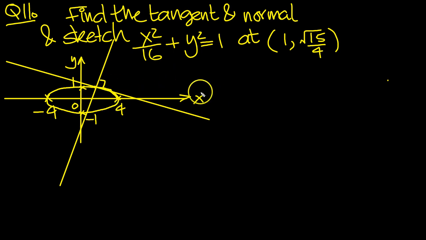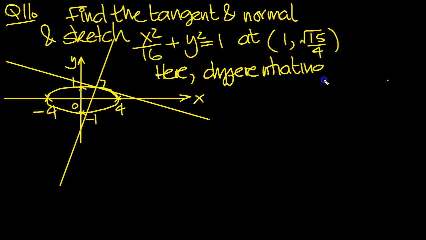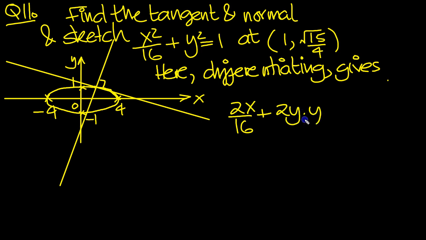So let's differentiate then. Differentiating term by term gives 2x over 16 plus 2y times y dashed, function of a function rule here.